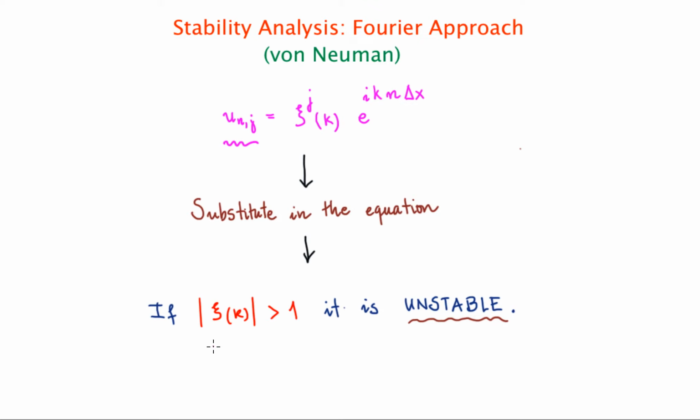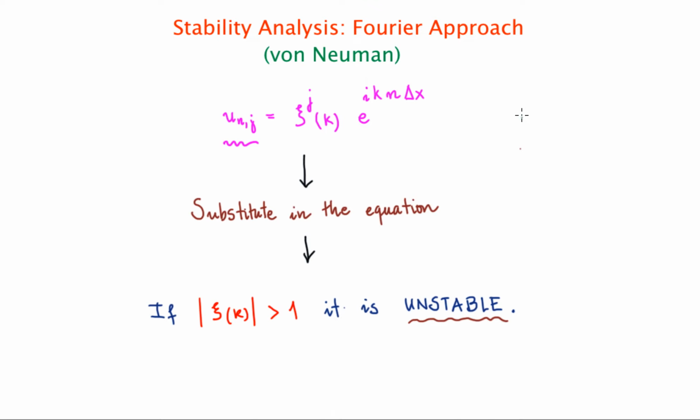So if the modulus of this eta function for some k parameter is bigger than 1, then we can say that the system is unstable.